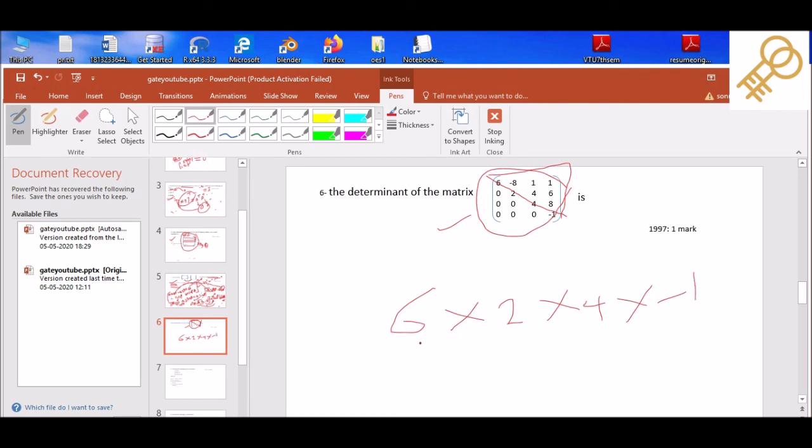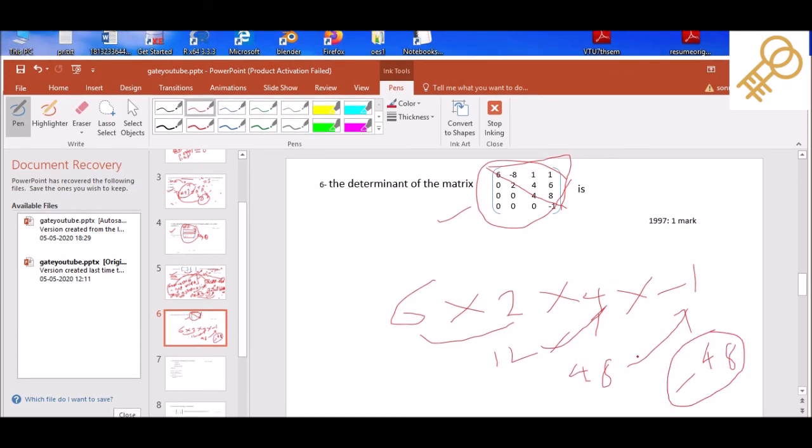How much will you get? 6 times 2 is 12, 12 times 4 is 48, and 48 times minus 1 is minus 48. This is your correct answer. So minus 48 will be your correct answer.